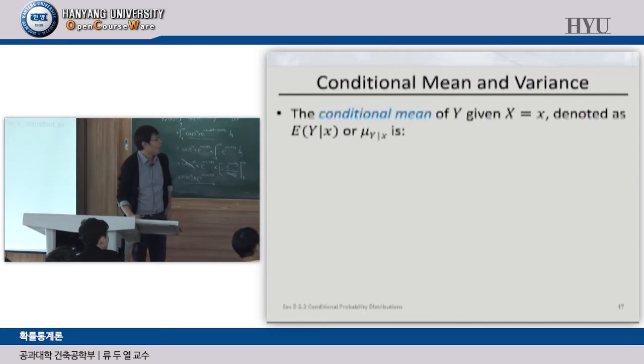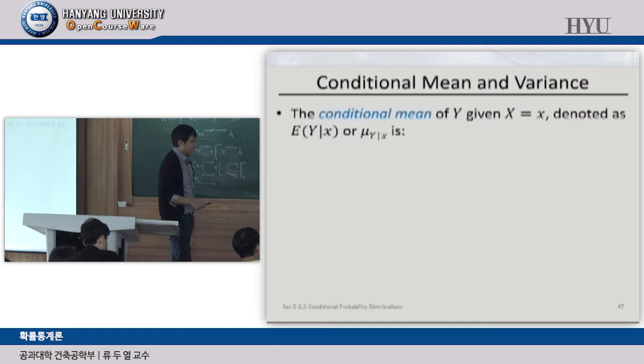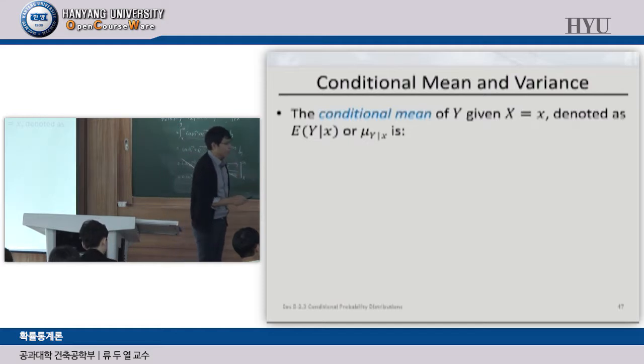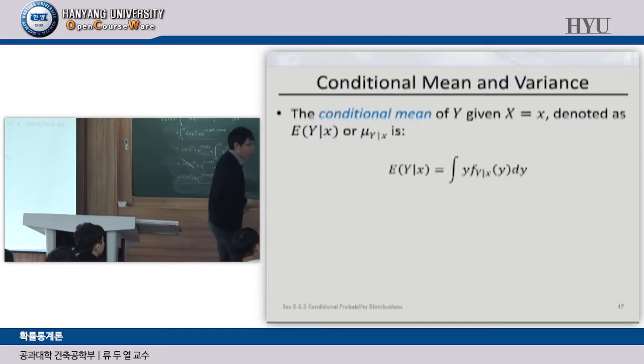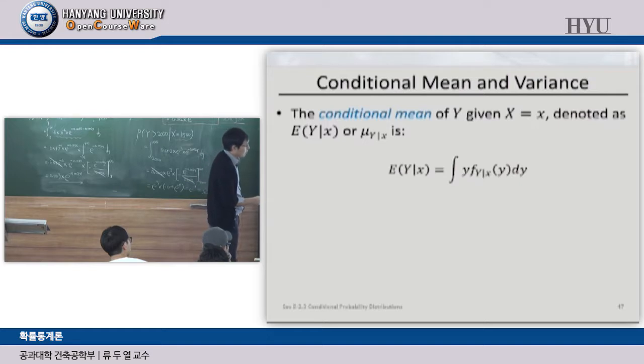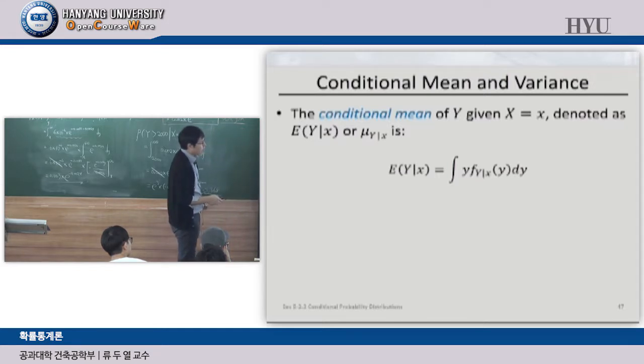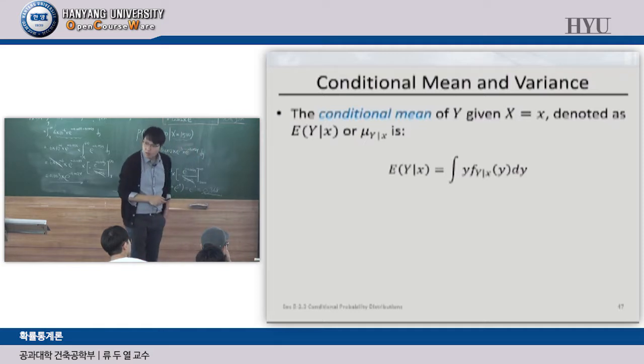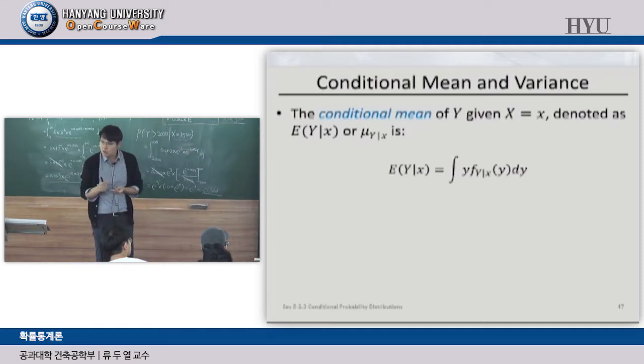The conditional mean of y given x, when x is equal to small x, is denoted as E(Y|x) or mu y given x. And this can be expressed by the following equation, that is the integration of y multiplied by the conditional probability density function of y given x. This is exactly identical formulation with the previous case, but the summation is just changed to the integration.